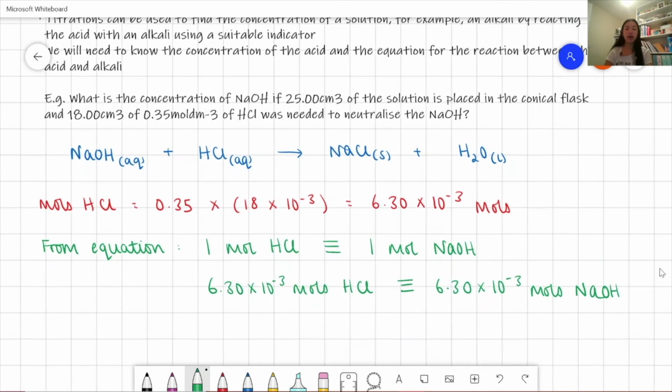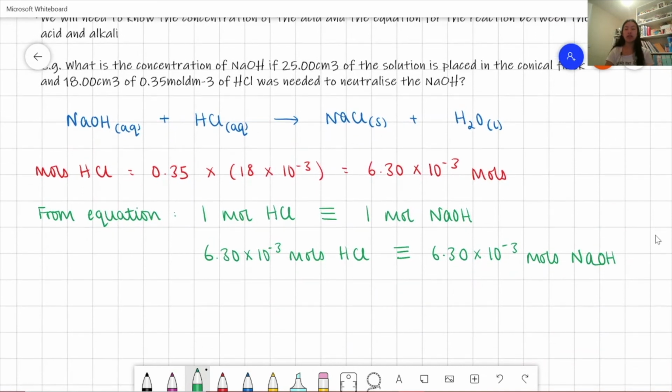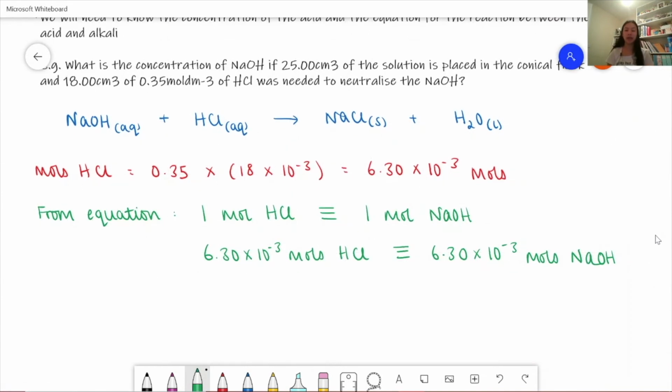Now we can work out the concentration of our sodium hydroxide because now we have the moles of it and also the volume. We need to rearrange the formula we have: moles is equal to concentration multiplied by volume, so the concentration must be equal to moles over the volume.